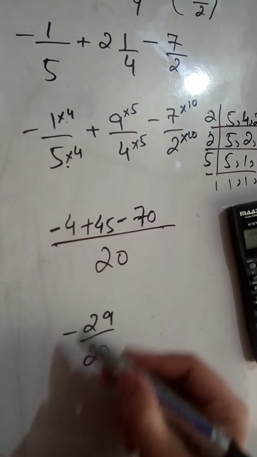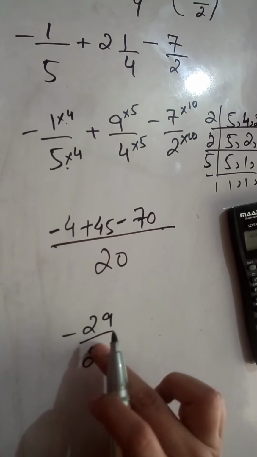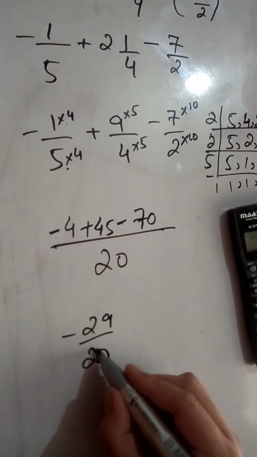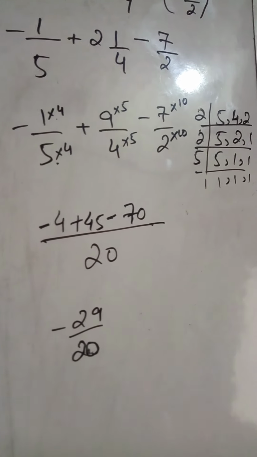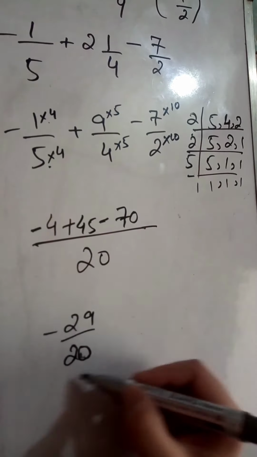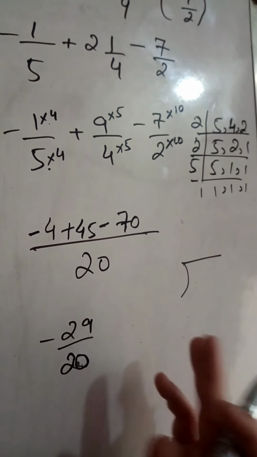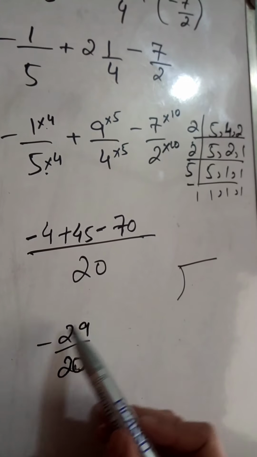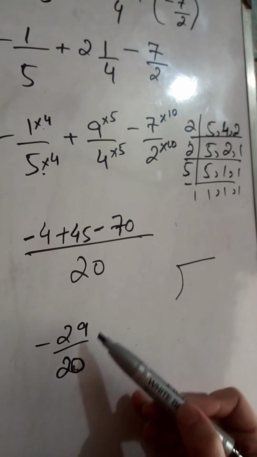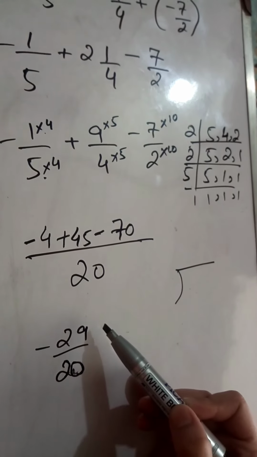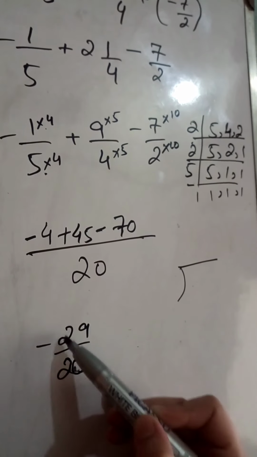Now students, what fraction is this? It is an improper fraction. Whenever there is an improper fraction, and I hope now you have a clear concept about the mixed fraction, proper and improper fraction. As 29 is greater than 20, you can compare the numbers. 29 is greater, so in this case it is an improper fraction.